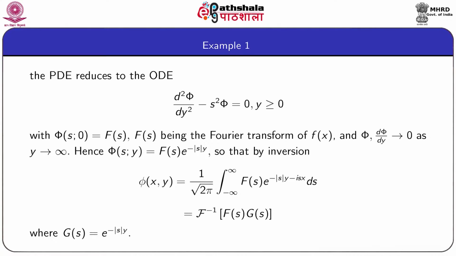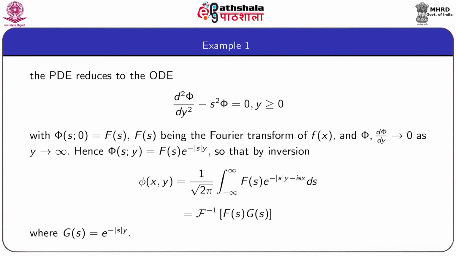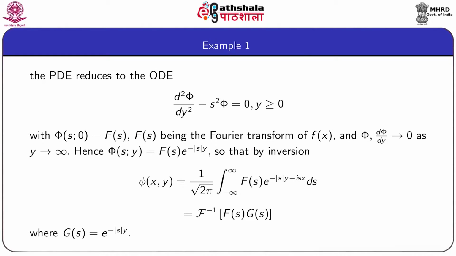Again, taking the Fourier transform of the boundary condition phi(x) at y equal to 0 equal to f(x), we obtain capital Phi(s,0) equal to capital F(s), where capital F(s) is the Fourier transform of small f(x), and Phi, d Phi by dy tend to 0 as y tends to infinity.